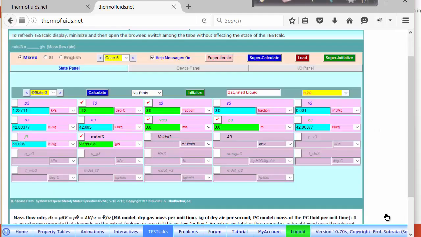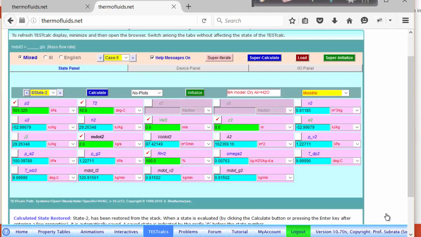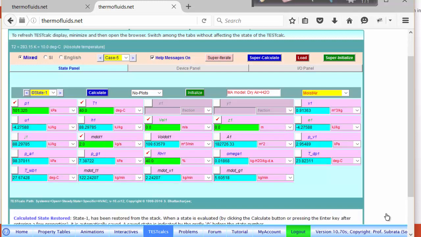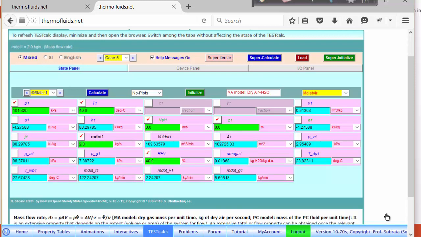To answer this question, we go here and we recognize that state 2, instead of 10 degrees, we have 25 degrees Celsius. The question is at 25 degrees Celsius, will there be condensation? Look, at 40 degrees Celsius, to answer that question, what was the dew point temperature?